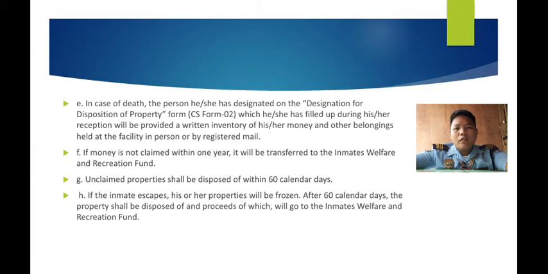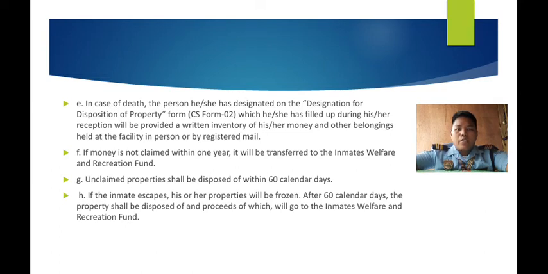We have also E, F, G, and H. So in E, in case of death, the person designated on the designation for disposition of property form, CS form 02, which he or she filled up during reception, will be provided a written inventory of the money and other belongings held at the facility, in person or by registered mail.